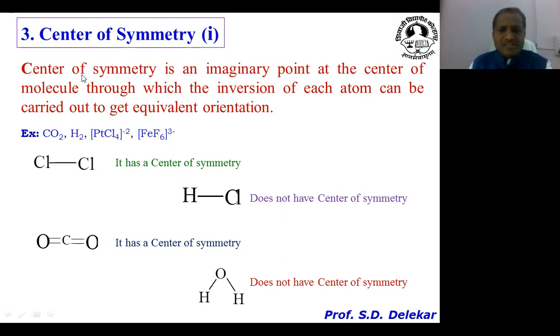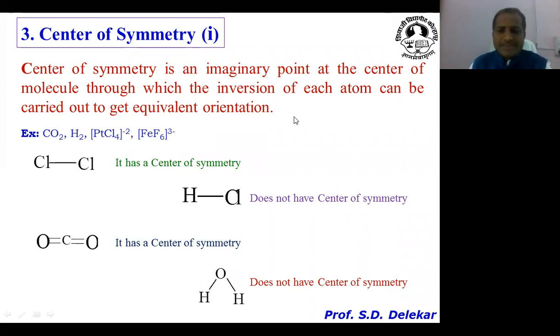The center of symmetry is simply defined as an imaginary point lying at the center of a molecule, through which inversion of each atom is to be performed in a molecule for getting the equivalent orientation from the original orientation of the molecule.